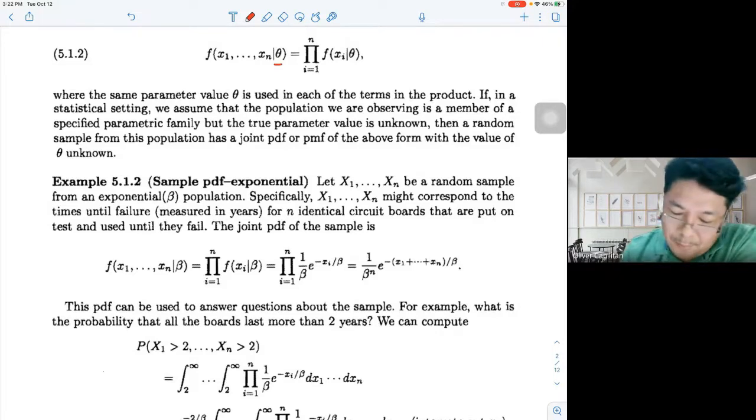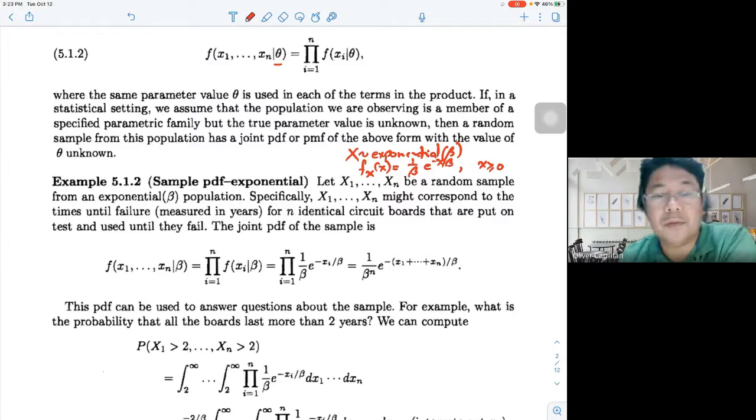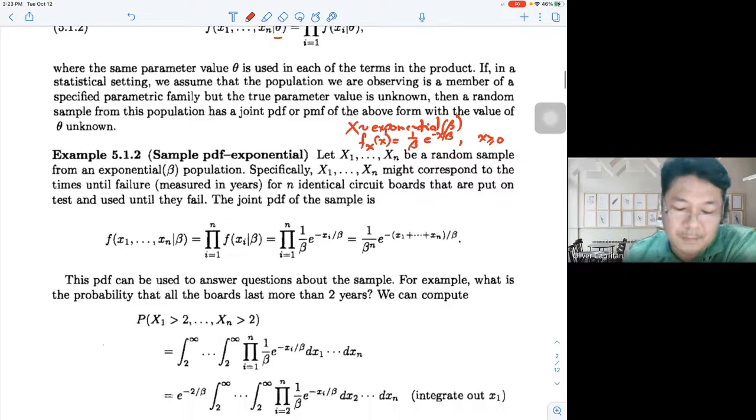Obviously, if we have this random variable x from the exponential beta distribution, that implies that the PDF for this would be equal to 1 over beta e to the negative x over beta, where x is greater than or equal to 0. So we have a random sample from an exponential beta population.